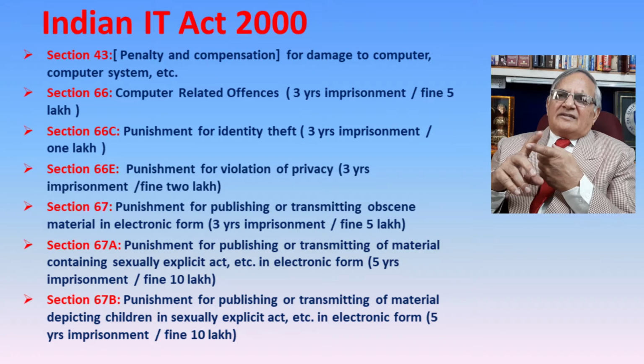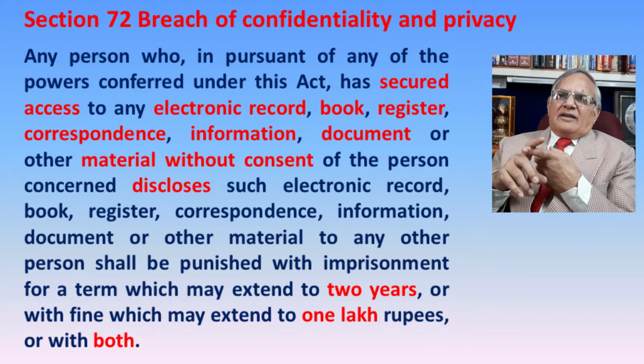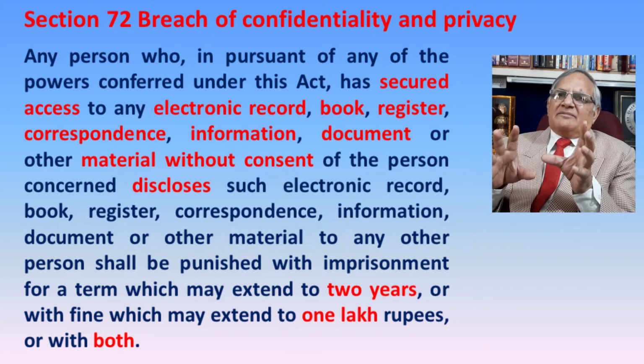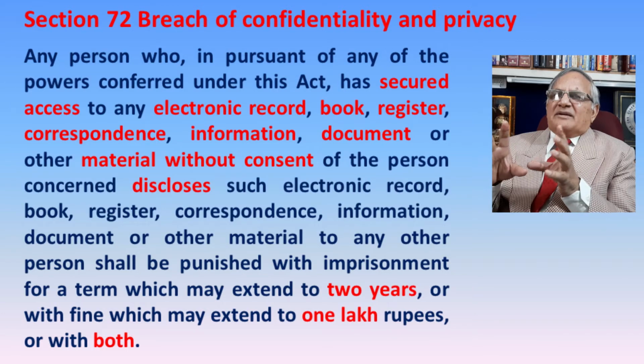So this section 67B is very exhaustive. In cases of cyber violence involving privacy, another section applies where the culprit was in confidence with the victim and accessed her personal information.